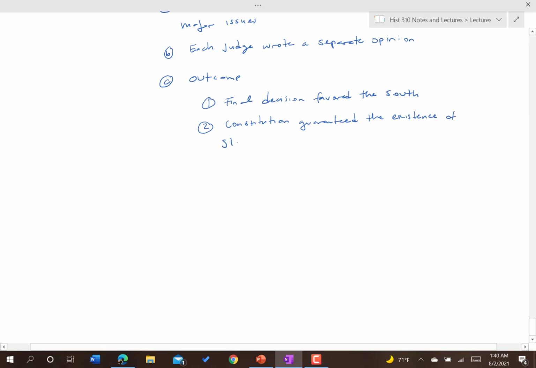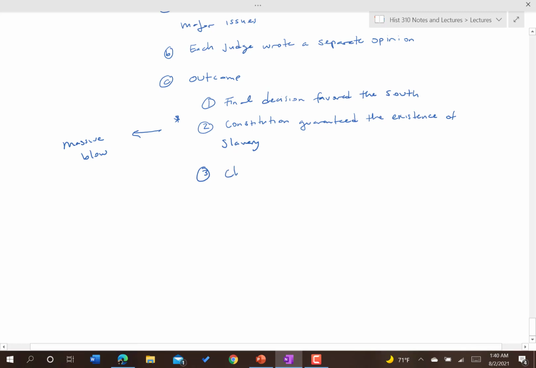So this alone is a massive blow, because now you have the Supreme Court say the Constitution guarantees the right to slavery, right? Then you aren't going to be able to fight this in the courts.